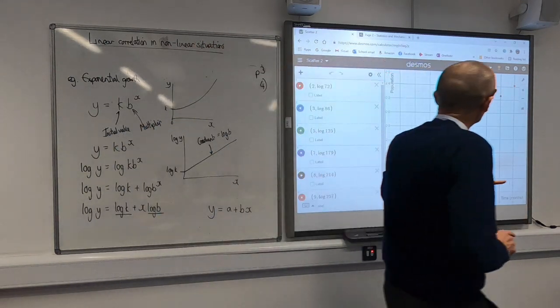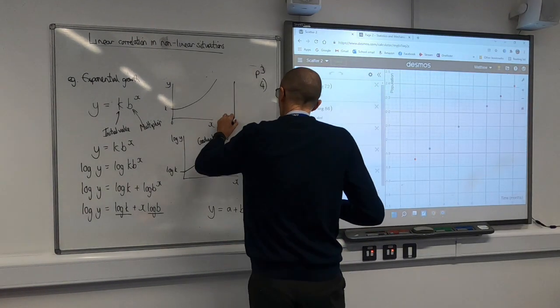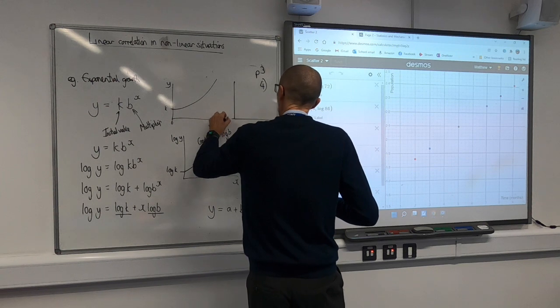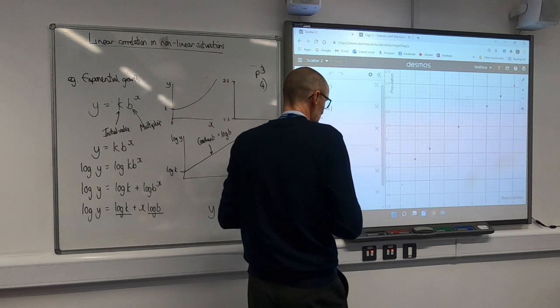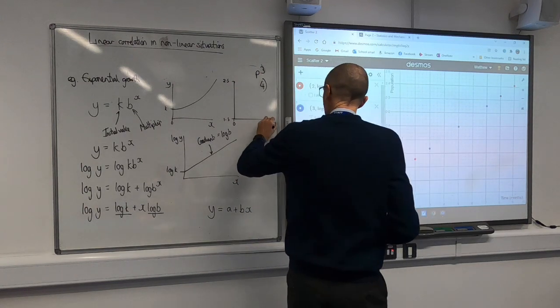So I'd like you, just for this one example, to plot this graph. So here's what we're going to do. We're going to set up a set of axes that go from 1.5 to 2.5 on the y-axis. The x-axis is just going to go from 0 to 10.